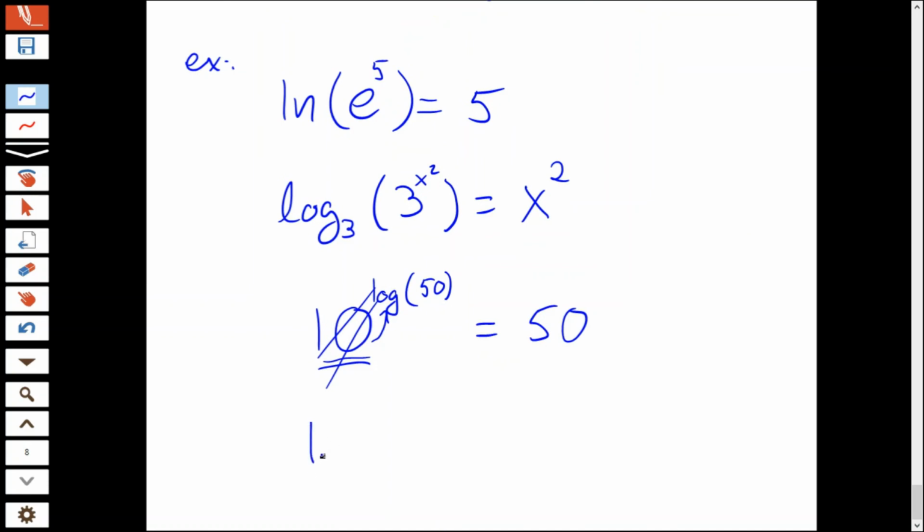So if I write 3 raised to the log base 3 of -9. Well, 3 to the what power equals -9? That's impossible, right? This here does not work.